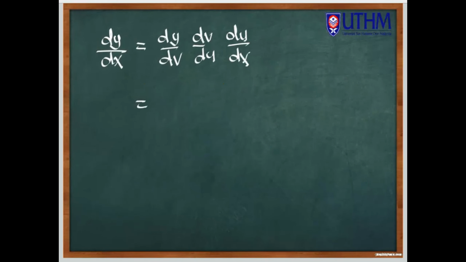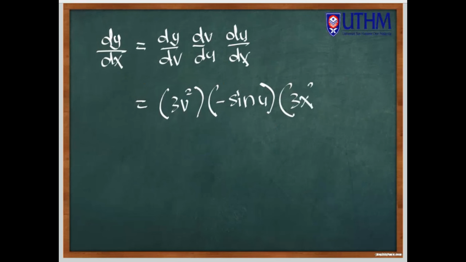So from the formula, dy over dv is 3v squared, dv over du is negative sine u, and du over dx is 3x squared minus 10x.